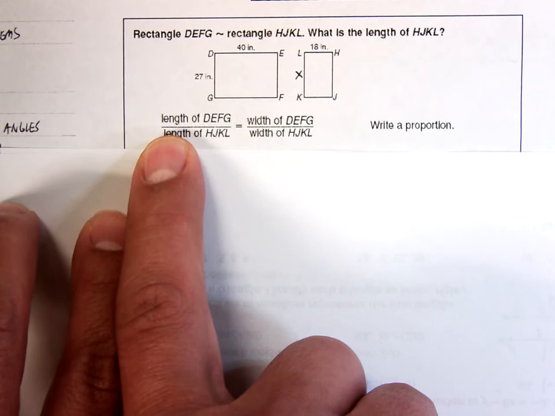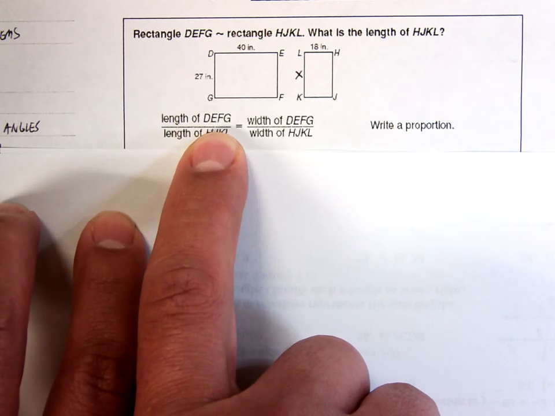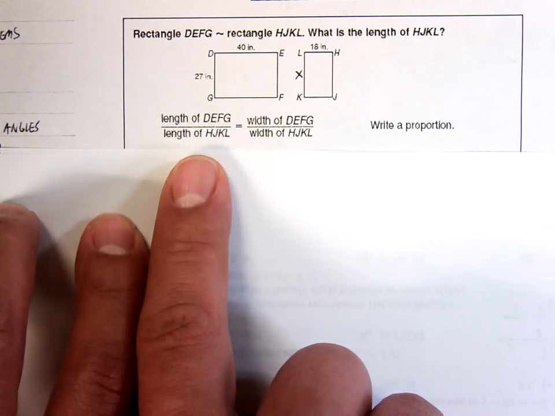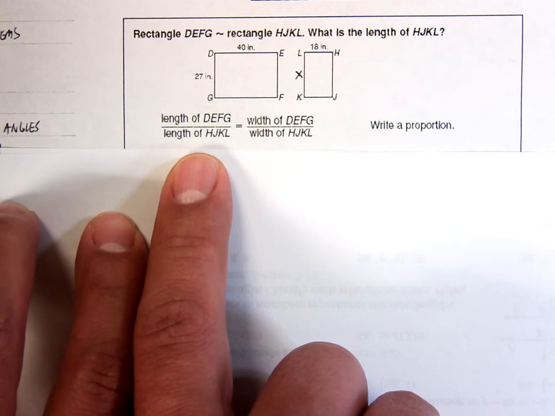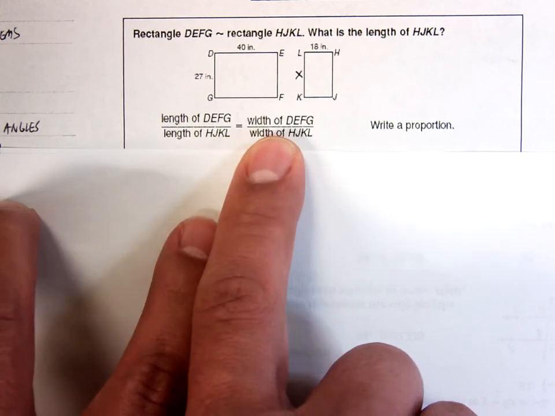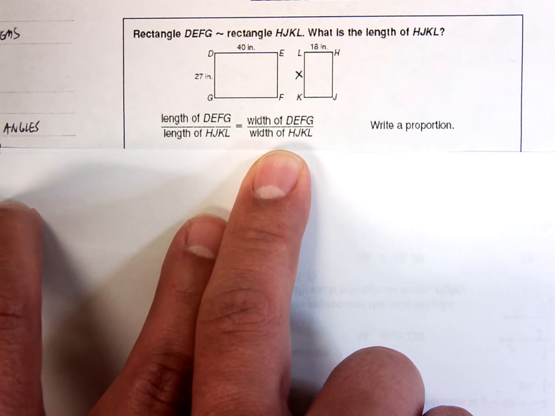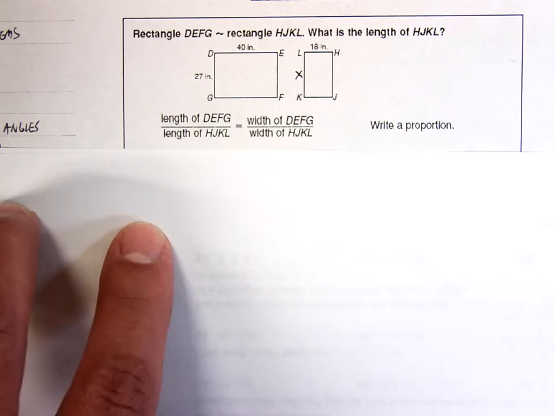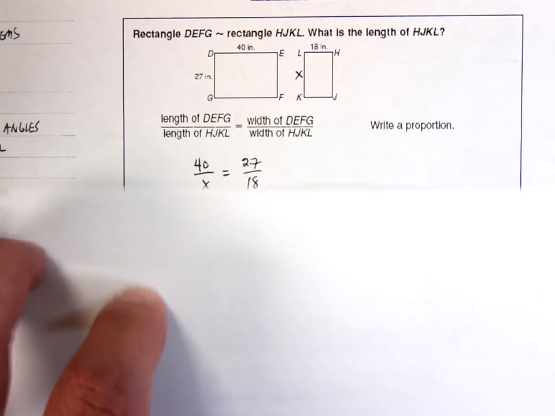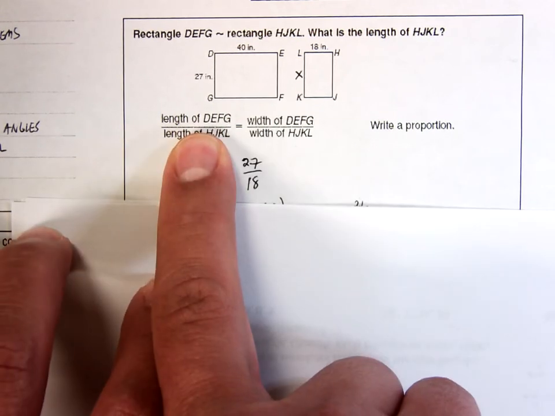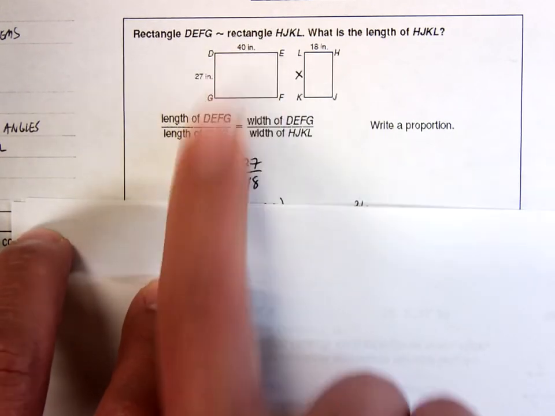So we take the length of DEFG and we put it over the length of HJKL equals the width of DEFG over the width of HJKL. So now we're just going to plug in. The length of DEFG is 40. That's what's going on top.